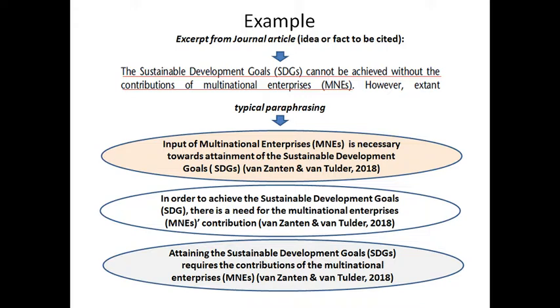So we can see another example of how we can paraphrase that excerpt. In order to achieve sustainable development goals, there is a need for multinational enterprises' contribution. Attaining the sustainable development goal requires the contribution of the multinational enterprises. So you can now see, these are examples of the way to paraphrase.